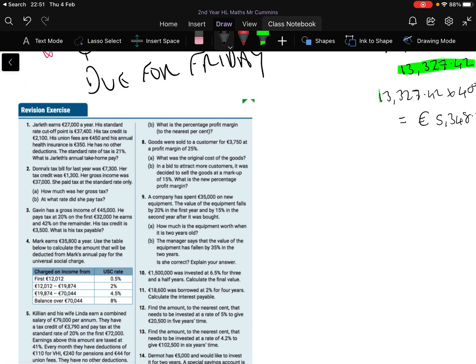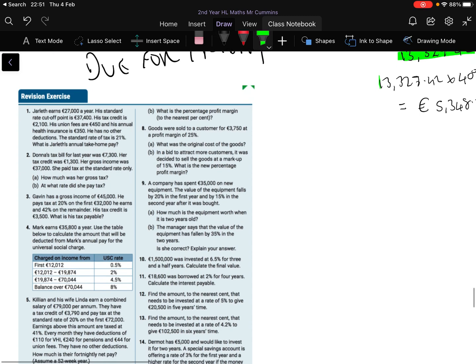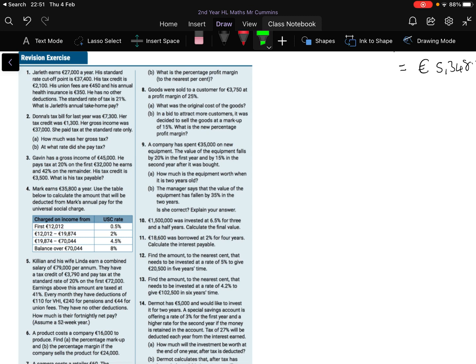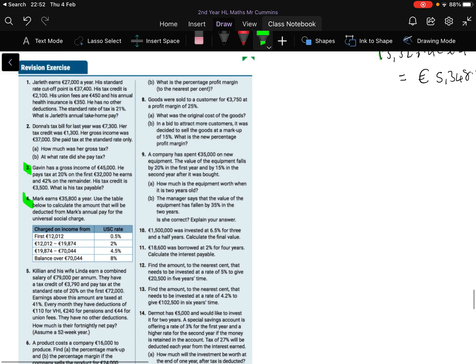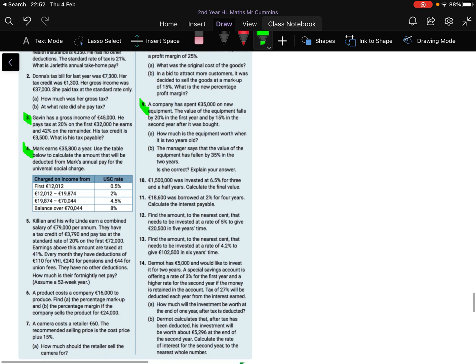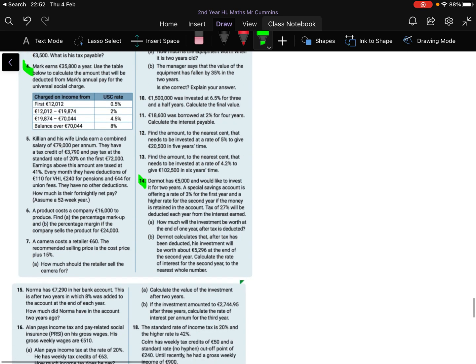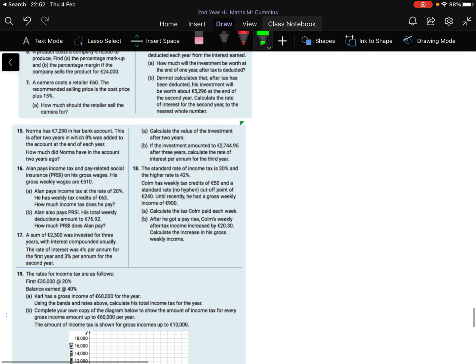So when we hang up after the call, after you've asked the questions and we're finished with the call, I'll put up the solutions to all these questions early next week. I want you to do a couple of them. So if we do number 3 and number 4, number 9, number 14, 6 in total, number 16, and number 19.